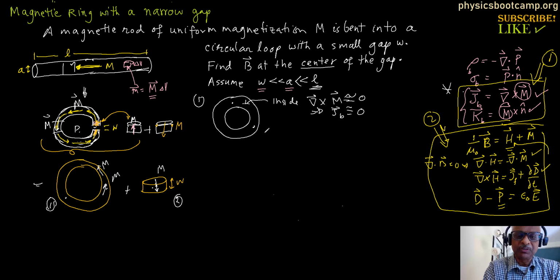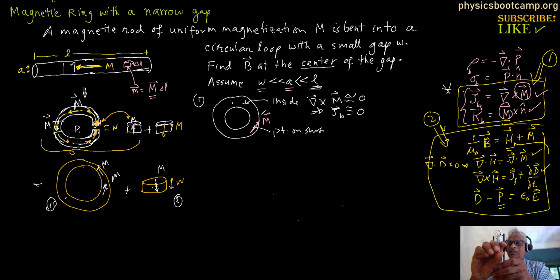Let's look at it here. Point on the surface. So at that point, magnetic field and magnetization is that way, and your normal is coming out from inside of the body to outside. So normal is coming out.